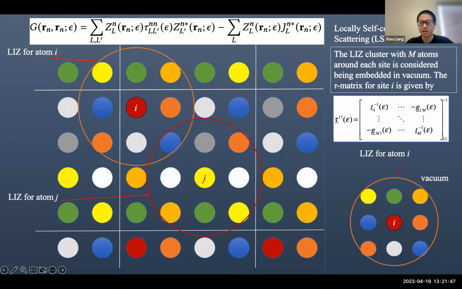Unlike in the original KKR method, in LSMS, the size of the KKR matrix does not grow when increasing the total atom number in the unit cell. The computational cost is the inverse of the KKR matrix for each atom in the unit cell. Therefore, the LSMS is linear scaling with respect to the total atom number in the unit cell.